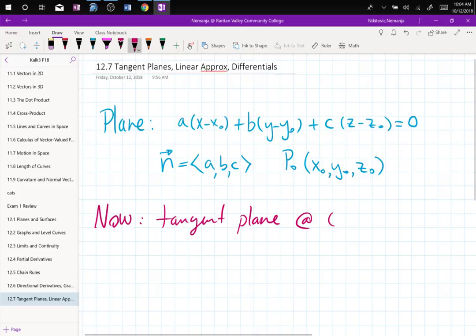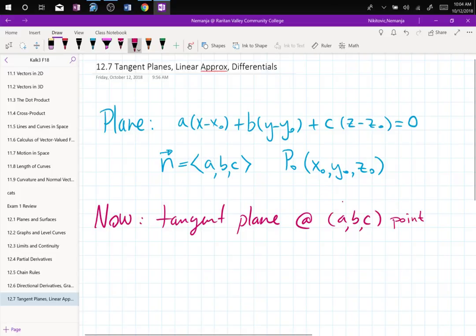This is a bit of an issue because the notation is changing a lot, so please be careful. What used to be called A, B, C was the normal vector n, but now a, b, c is the point at which the tangent plane is happening. That's a big jump. So technically now (a, b, c) is your P0.